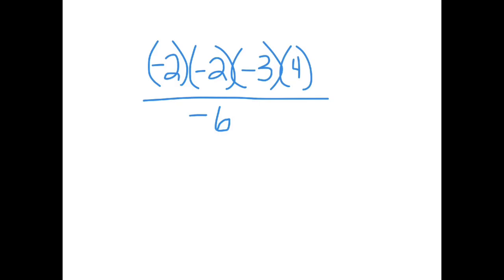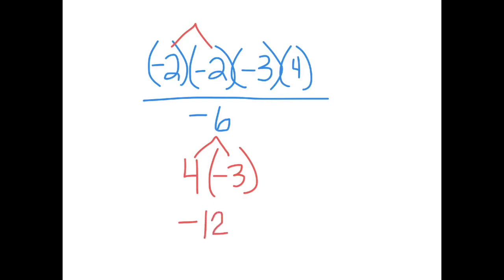All right, two numbers at a time. A negative times a negative is a positive. 2 times 2 is 4. I have 4 times -3. A positive times a negative is a negative. 4 times 3 is 12.